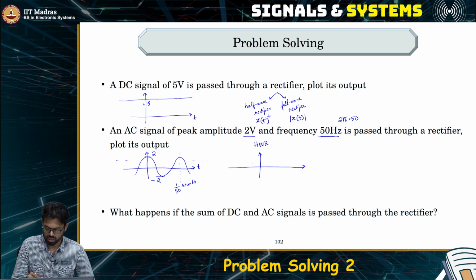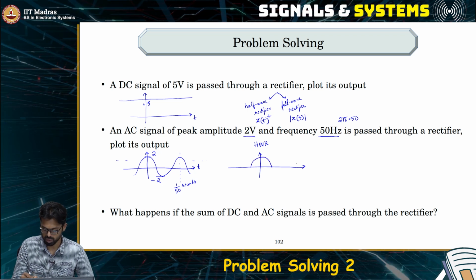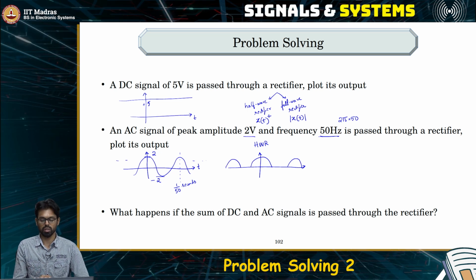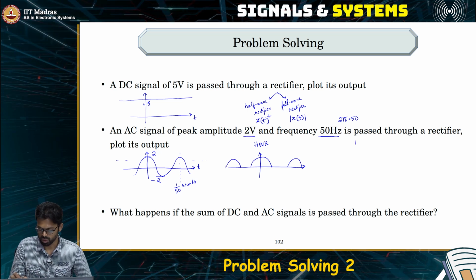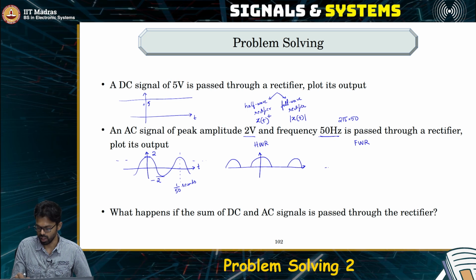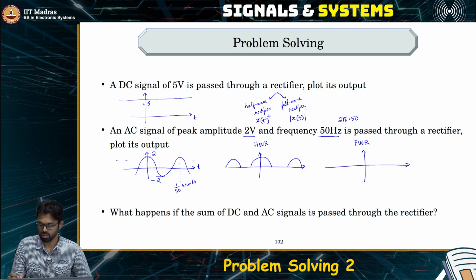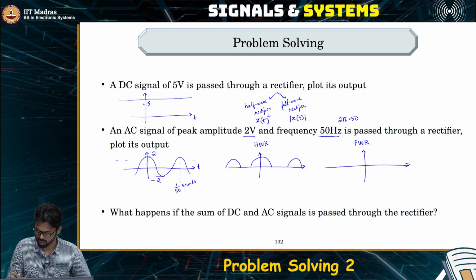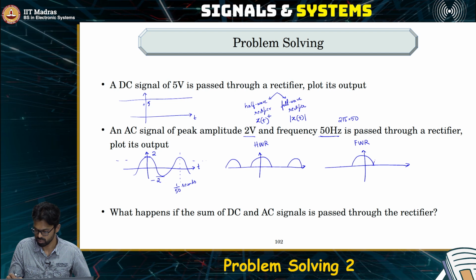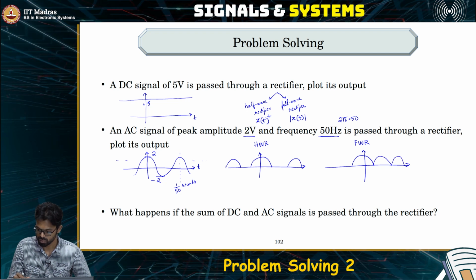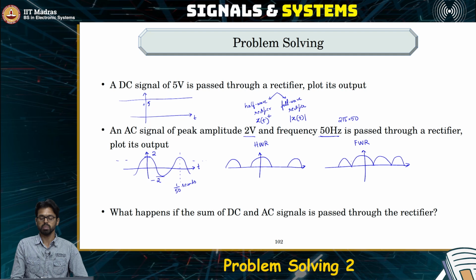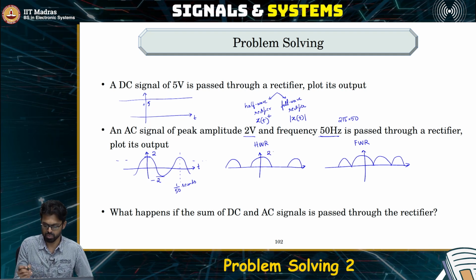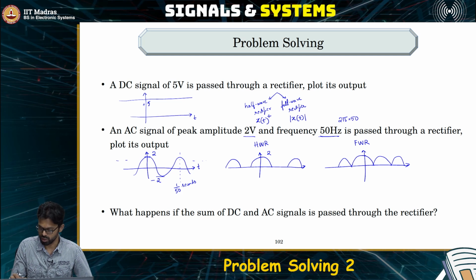The output would just be the positive values of the signal, and so on. The output of the full wave rectifier would be the absolute value. So the output would be something like this. The peak value is still 2.